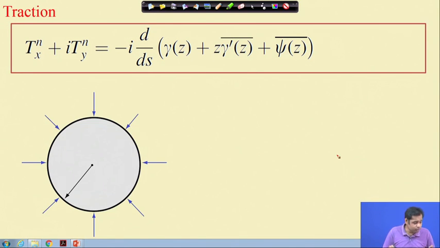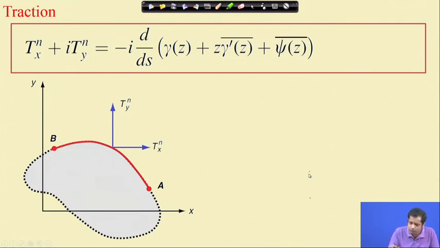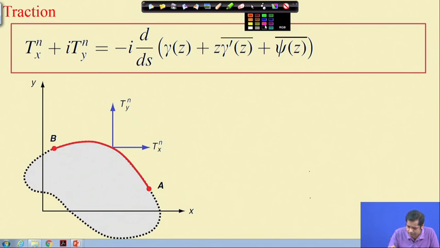Now, similar to traction, we can also define the forces. Take this example. Suppose the forces, similarly total force will be, how do we get the force? If this traction at every point is integrated over the entire surface, then we can get the force.